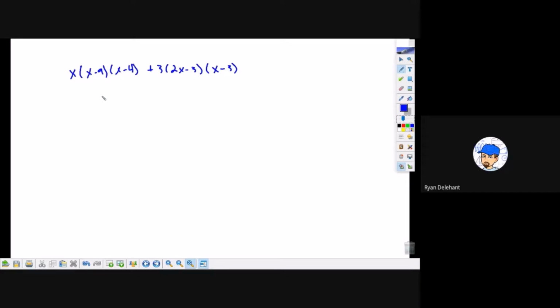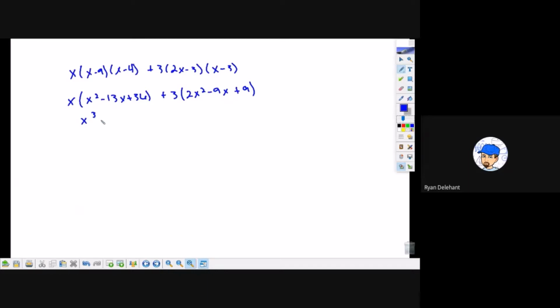So we've got to multiply all this out and see what we get. So let's see, this is going to be x squared minus 13x plus 36. There's a 3, so this is 2x squared minus 9x plus 9. Now we've got to put the x in there.